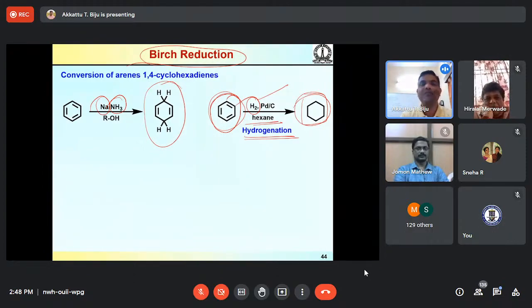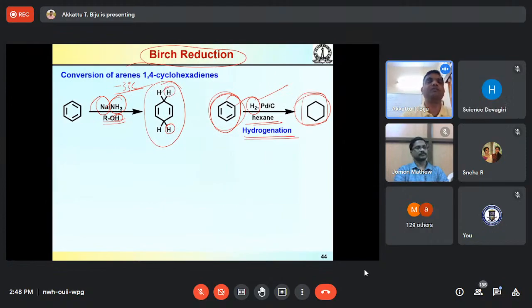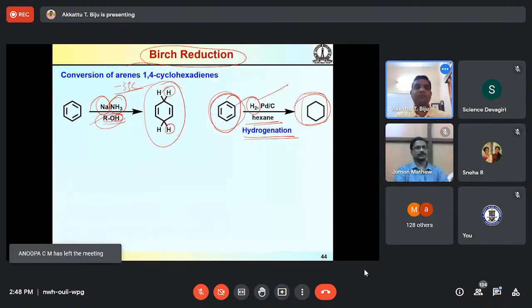The ammonia will boil at -33 degrees Celsius, so the reaction has to be carried out below -33 degrees Celsius. And one needs to have a source of hydrogen, an alcohol, which is essentially the source for the saturation of this benzene derivative; the hydrogen source is this alcohol or a protic solvent employed for the process.